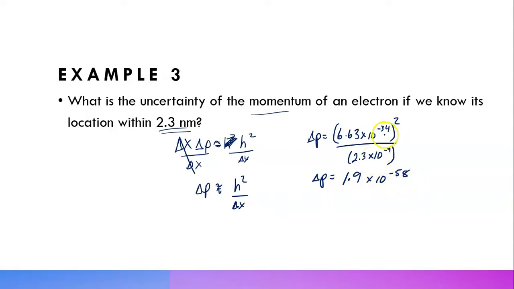We had joules squared, seconds squared over meters, so we should wind up with the uncertainty being in units of joules squared seconds squared per meter.